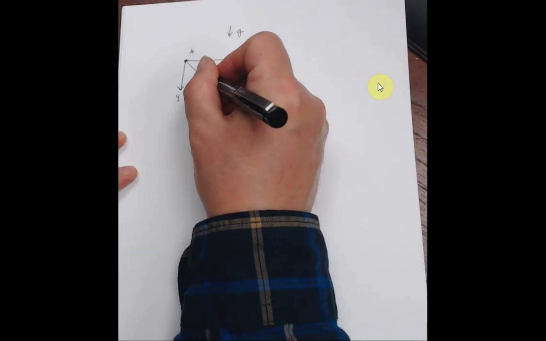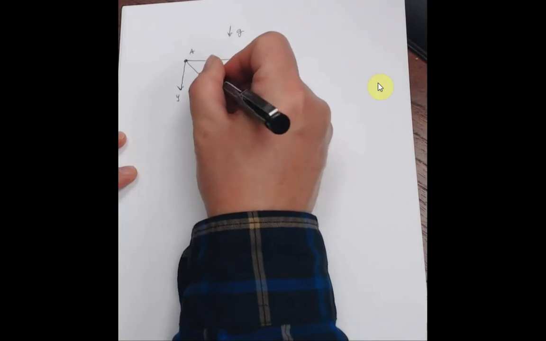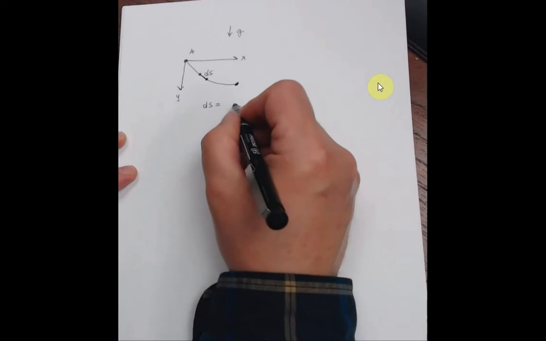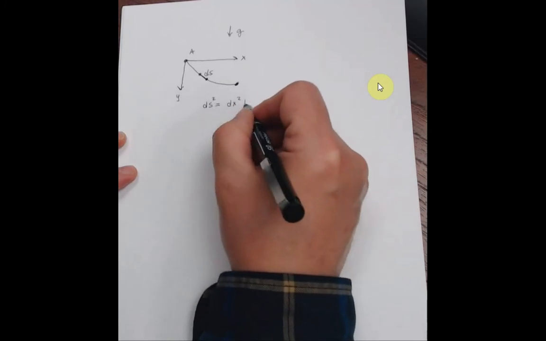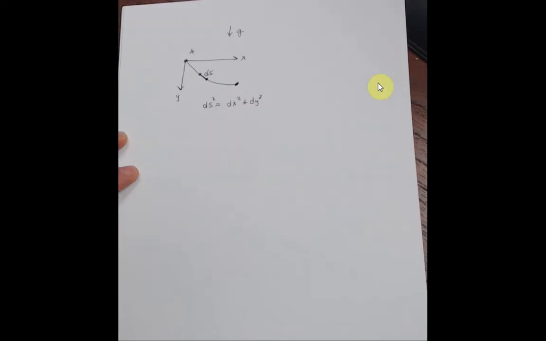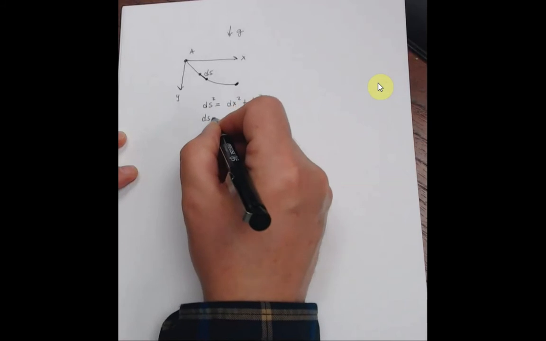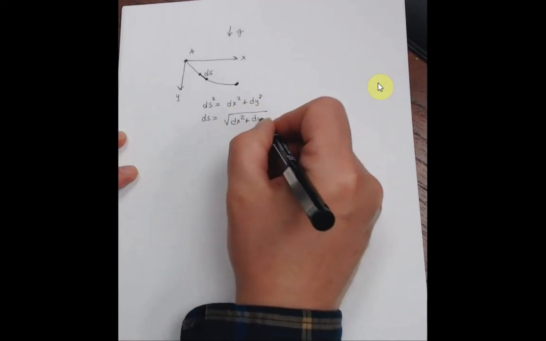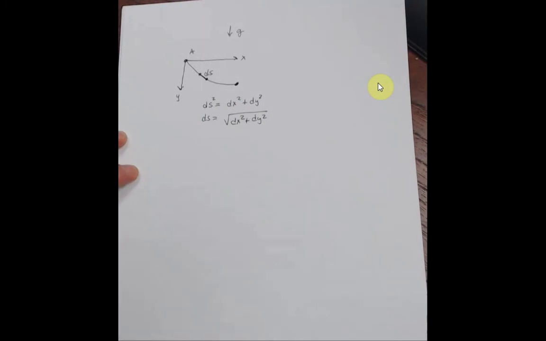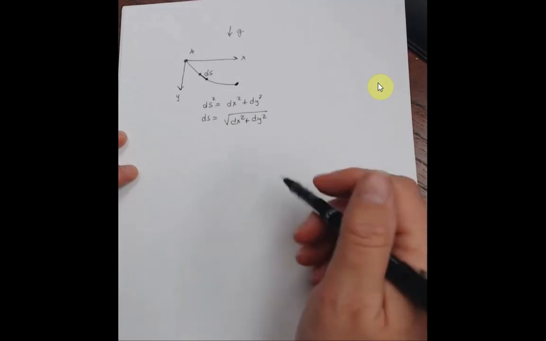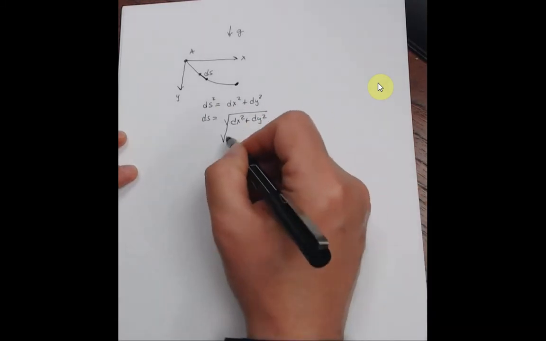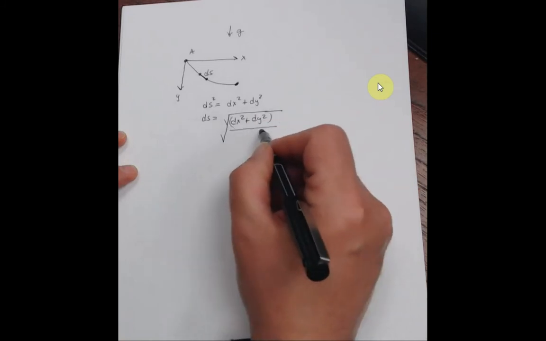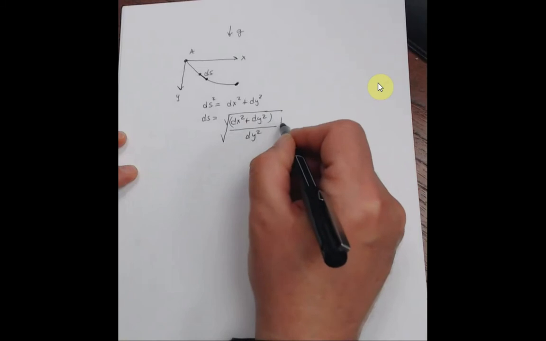So let's look at a little segment on this path length, and let's call that ds. So the little arc length, we can write ds squared as dx squared plus dy squared in our coordinate system. Or we can write it like this. And you see what we're doing now, we're going to do quite often. And then this is the square root. Now what I could do is take this and divide by dy squared and multiply by dy squared.